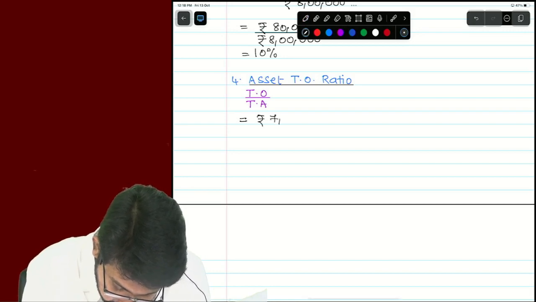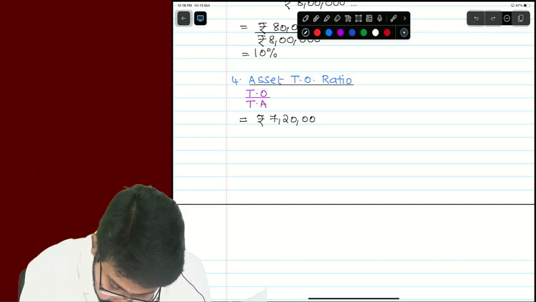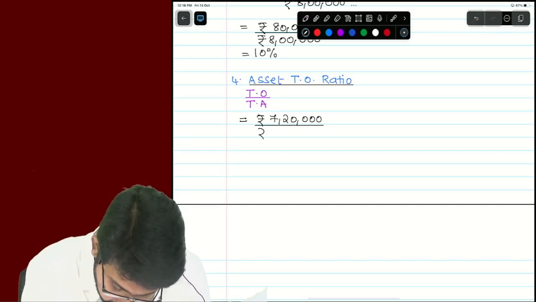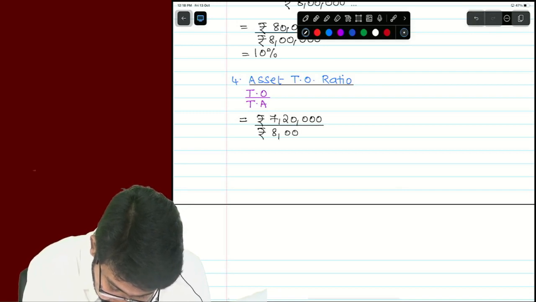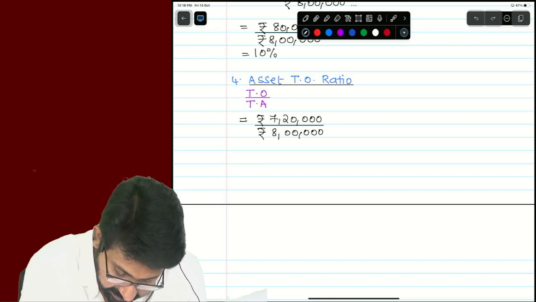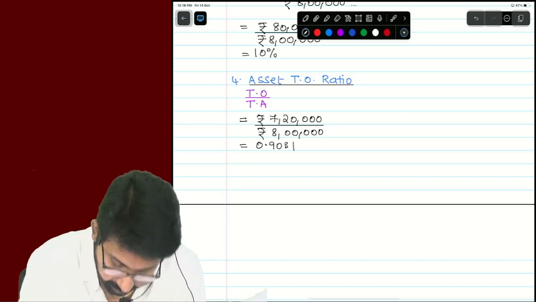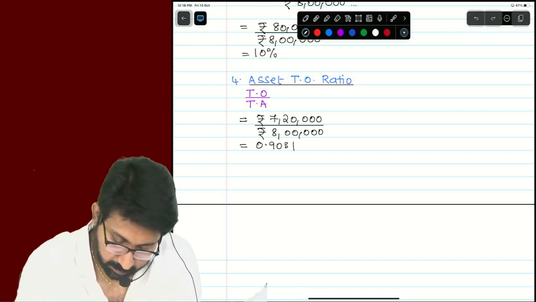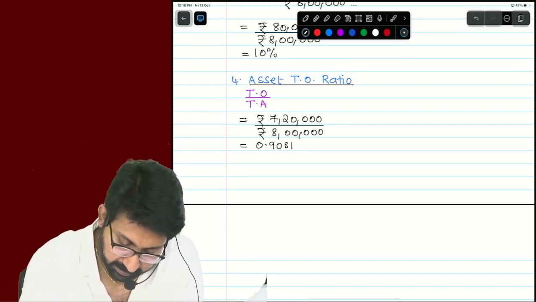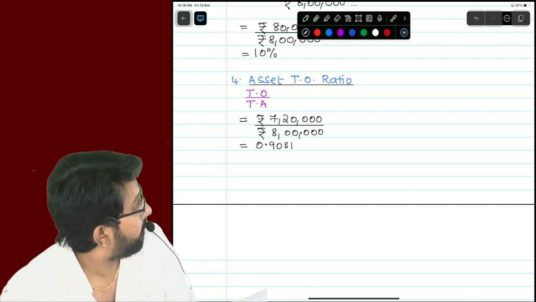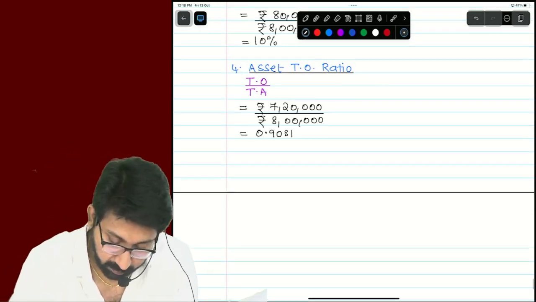Rupees 7,20,000 divided by 8,00,000 as a ratio. You tell me the answer, not as a percentage. 0.90:1. Returns you should express in percentages. These you can express in times or in ratio. Over. What is the last one?